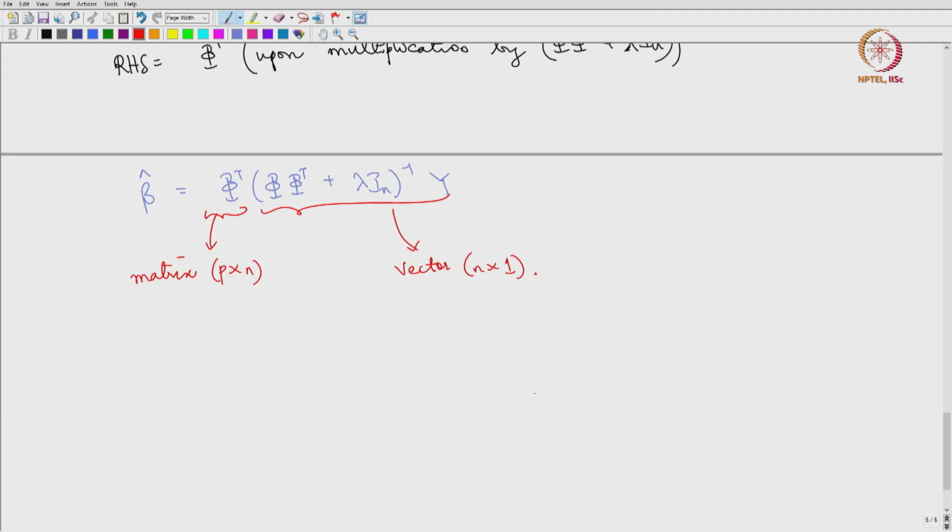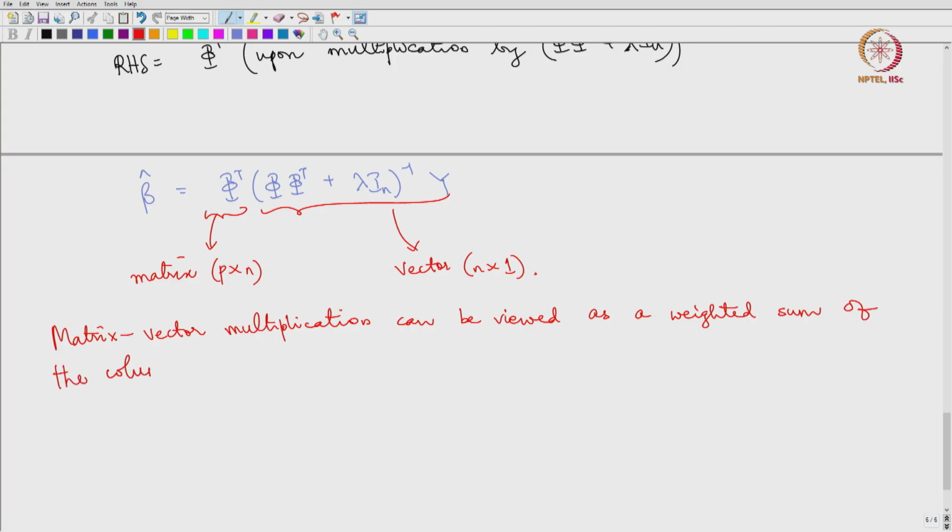Now there is a nice thing in linear algebra which says that matrix vector multiplication, which is what is happening above, can be viewed, and you will have to take a linear algebra course to understand this, or you can try to work out through it on your own, as a weighted sum of the columns of the matrix with the weights specified by the entries of the vector.